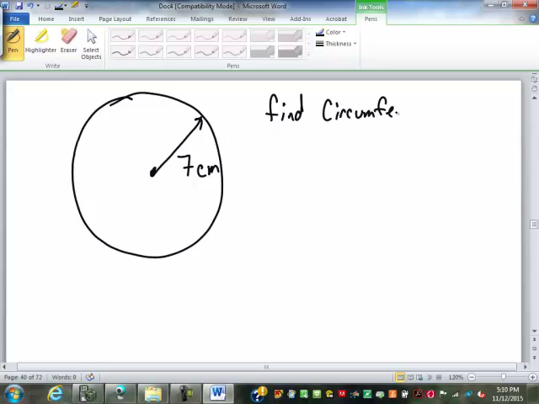In your notes, find the circumference. Circumference is pi times diameter.